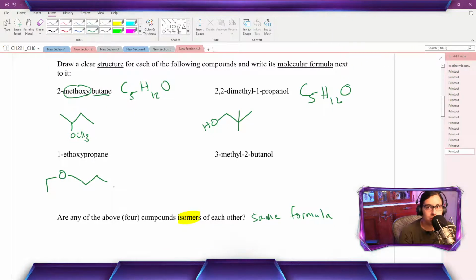Just make sure when you draw these, you don't drop any carbons. 1, 2, 3, there we go. 1, 2, that looks better. Let's look at our formula. C, 1, 2, 3, 4, 5. And then H, 1 through 12. O.